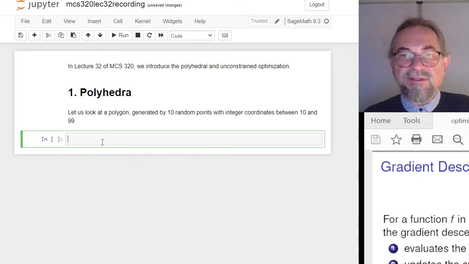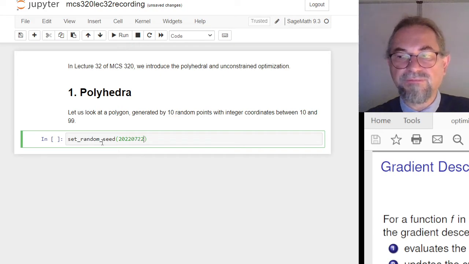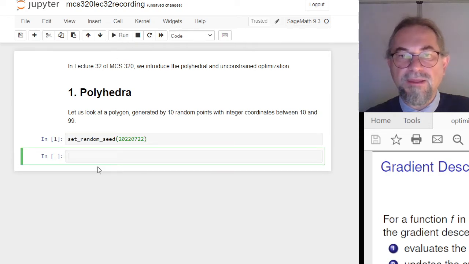To make this polytope look the same, I will set the seed to the date at which this lecture is scheduled, so 22 July of 22, a lot of 22s there.